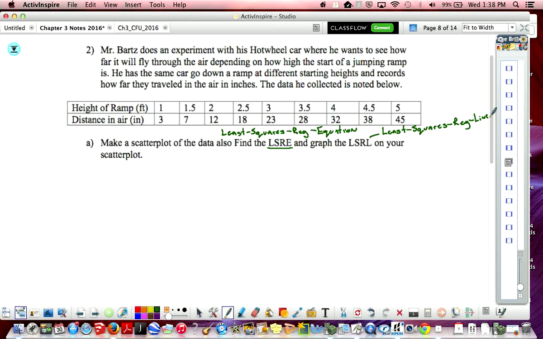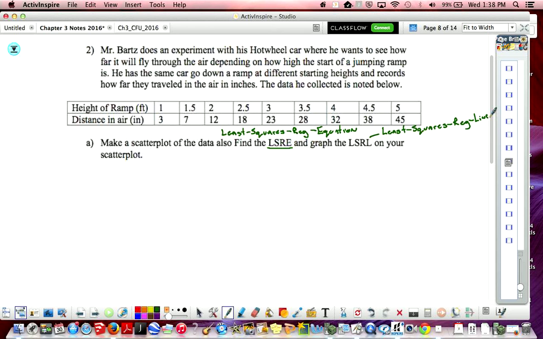You will see our textbook use these acronyms. LSRE is just a fancy name for saying find the regression equation, and LSRL is a fancy acronym for drawing the line of the regression equation.